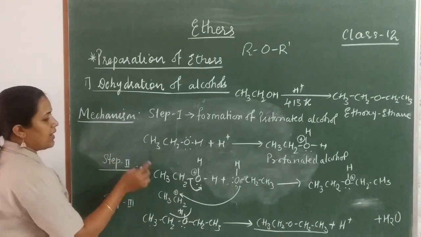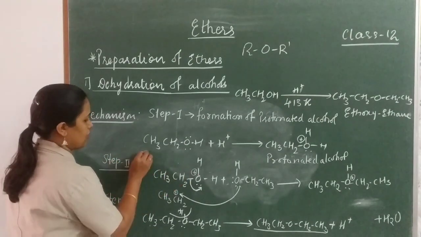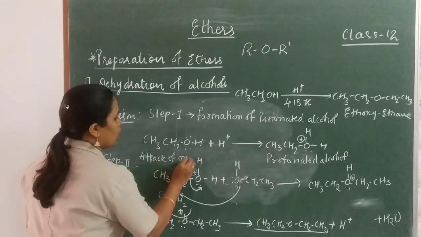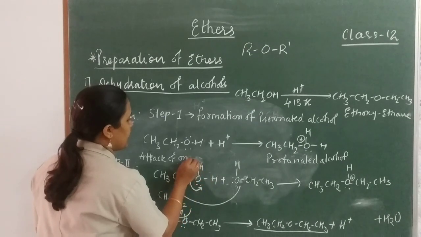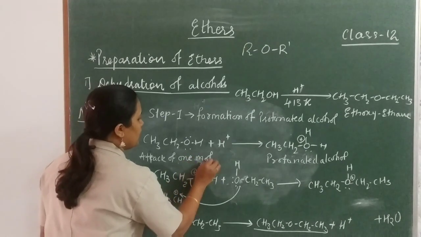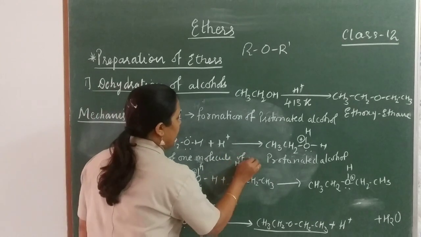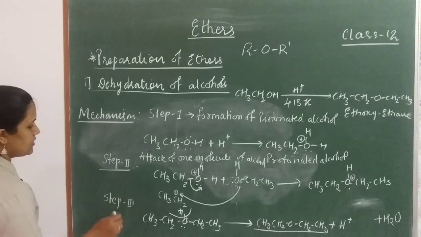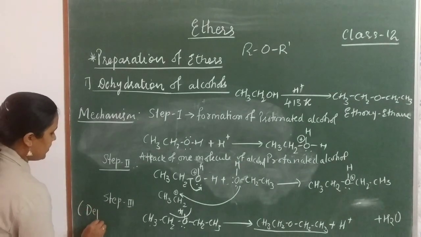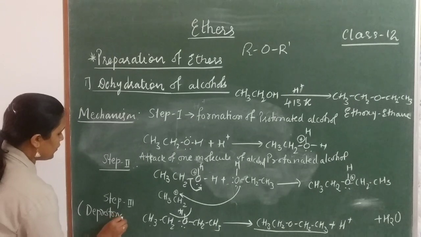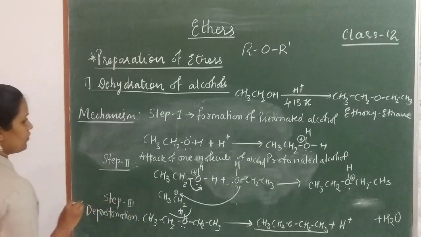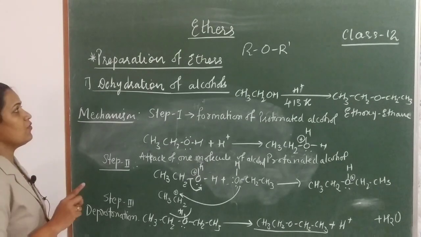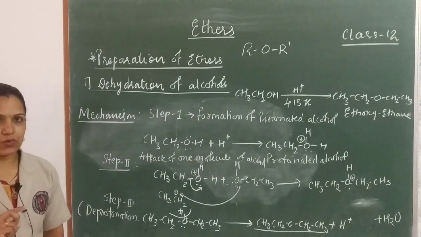In the second step, the attack of one more molecule of alcohol. And in the third step, what we have studied is deprotonation. So in this way ethers can be prepared by the dehydration of alcohols.